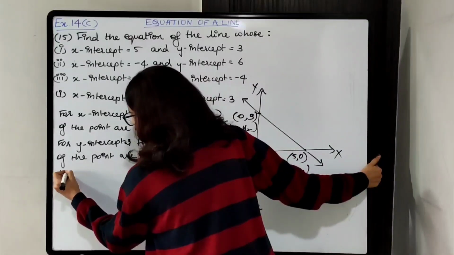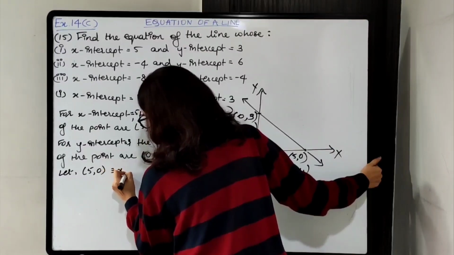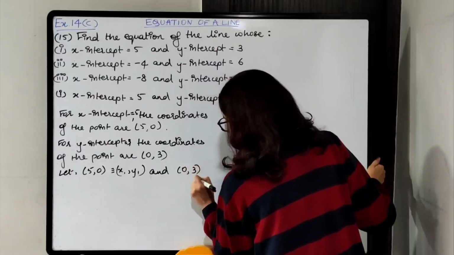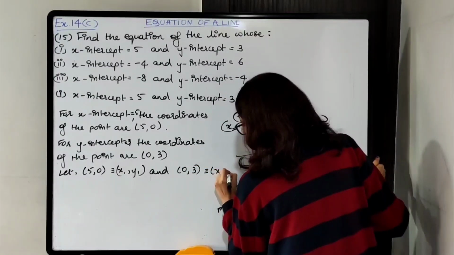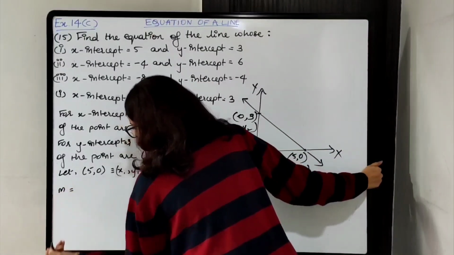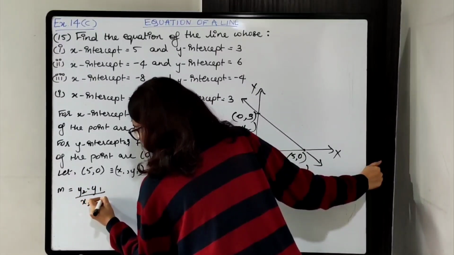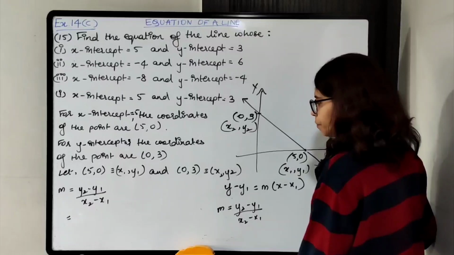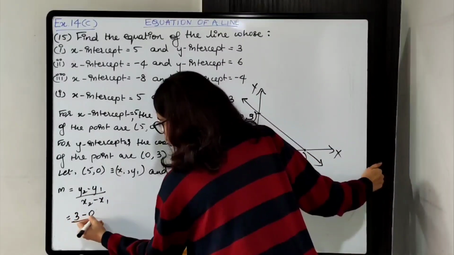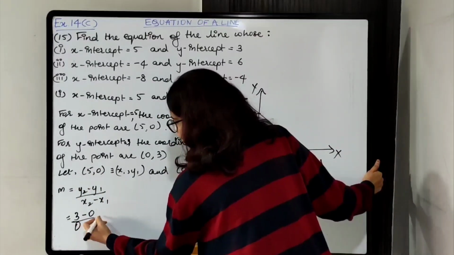So let 5, 0 be x1 y1 and 0, 3 be x2 y2. So slope will be y2 minus y1 upon x2 minus x1 or y1 minus y2 upon x1 minus x2. y2 is 3, y1 is 0, x2 is 0 and x1 is 5.